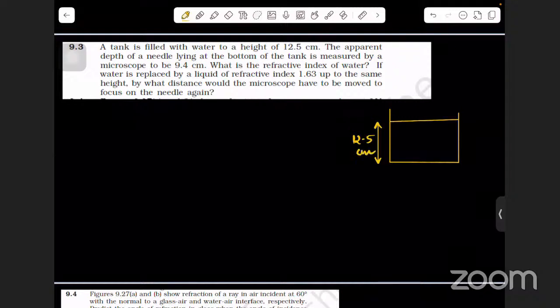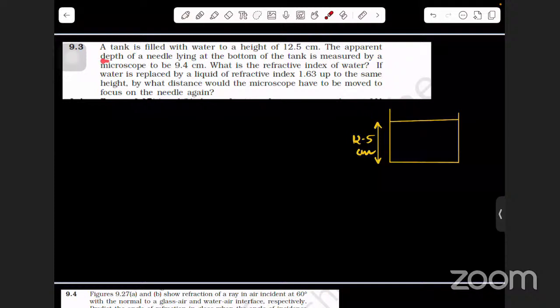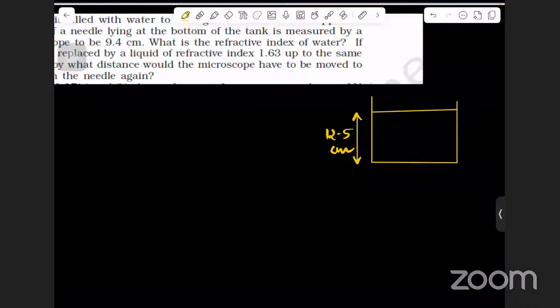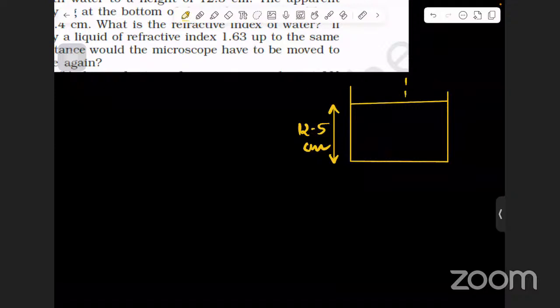The apparent depth of a needle lying at the bottom of the tank is measured by a microscope to be 9.4 centimeters. We are saying that we are visualizing from the top, in the normal direction.